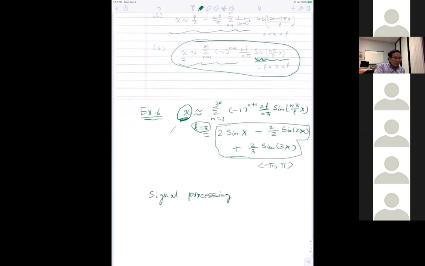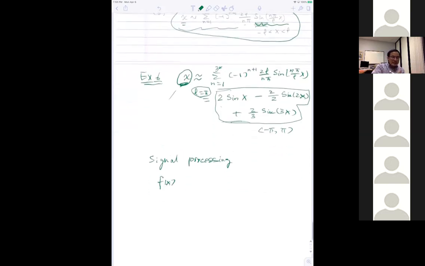because you want to store a function f(x). If I give you an arbitrary function, you want to store the information of this function in a computer, let's say. But the function is real-valued, has uncountably many values, and the variable is also uncountable.